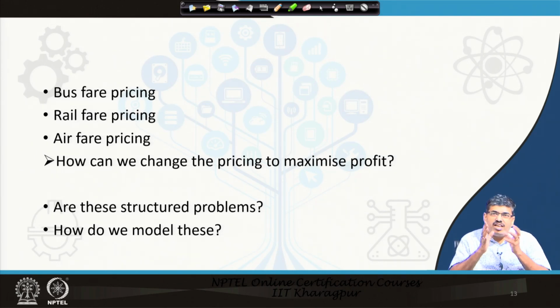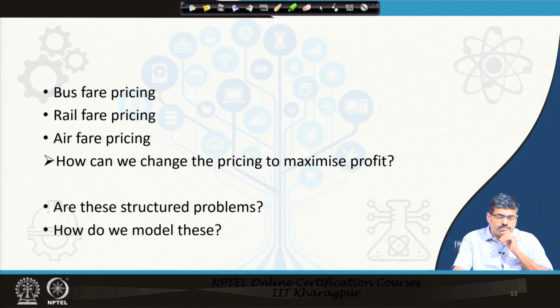How can we change and offer the prices in such a manner that my profit becomes maximized? If it is a government organization, for example, railways, my surplus becomes maximized. So, are these structured problems? No, they are not structured problems. They are semi-structured problems. How do we model these?